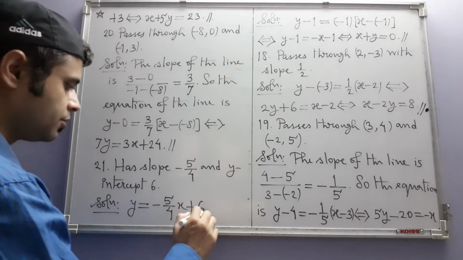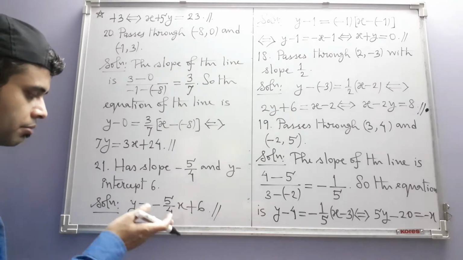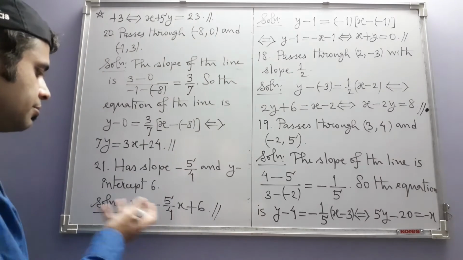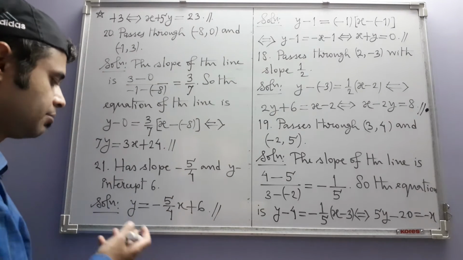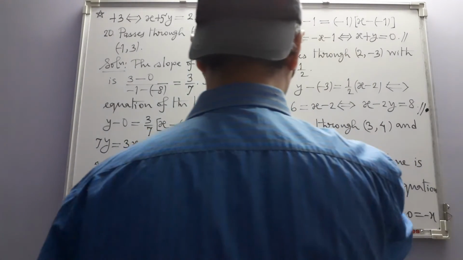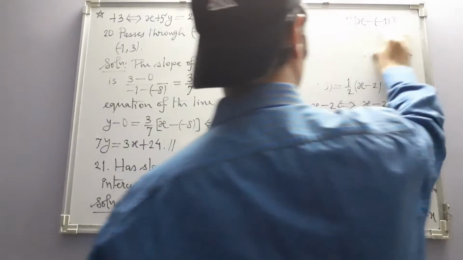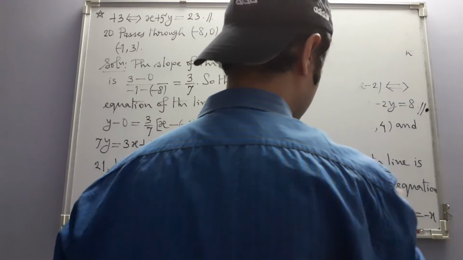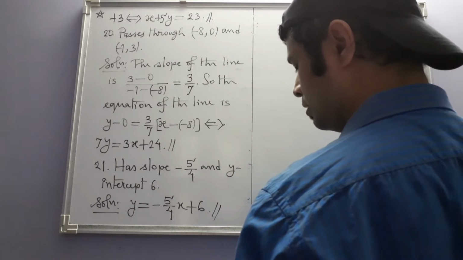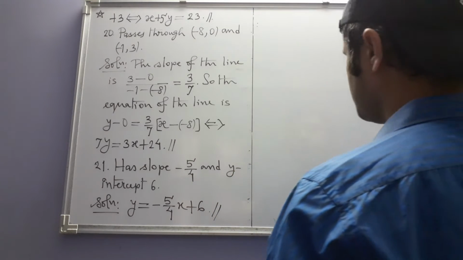So I leave it to you to rearrange the terms and make the equation look somewhat, what can I say, more I should not say more familiar, but make it look good. It will be 4y plus 5x equal to 6.